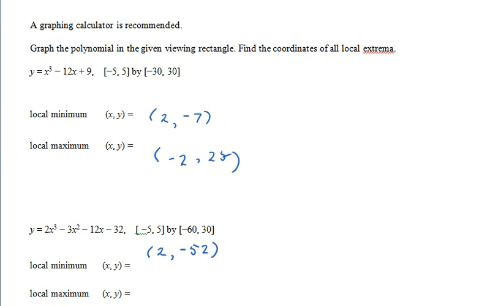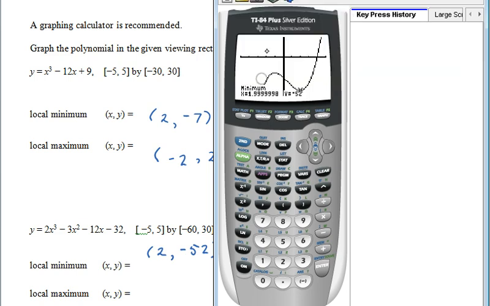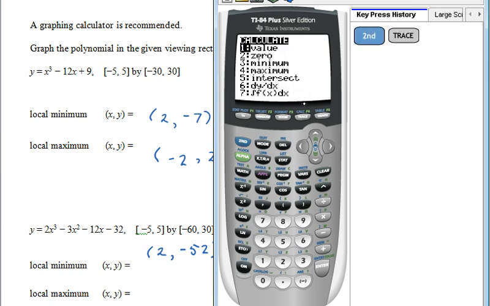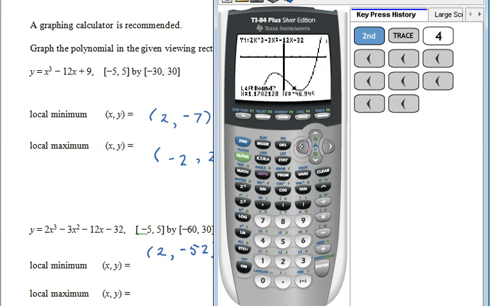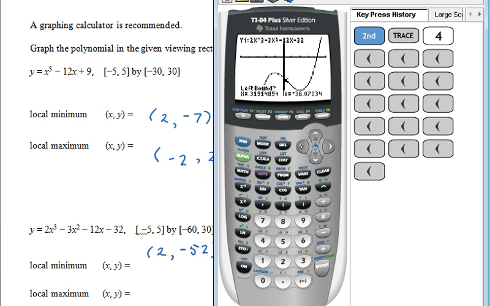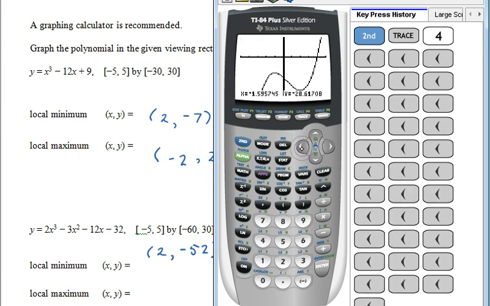Let's go back to the calculator, and I'm going to clear the key press history. We're going to press second trace again for calculate. This time enter 4 for maximum. We're going to have to move the cursor using the left arrow to the left of the local maximum.